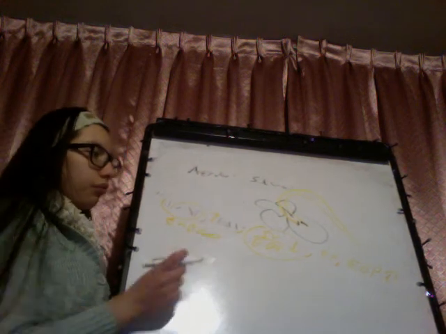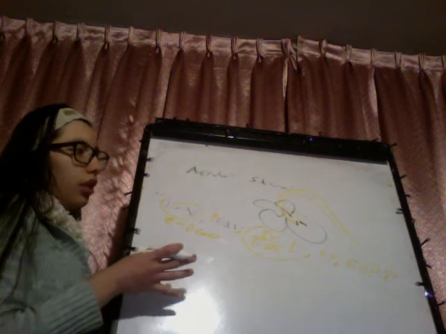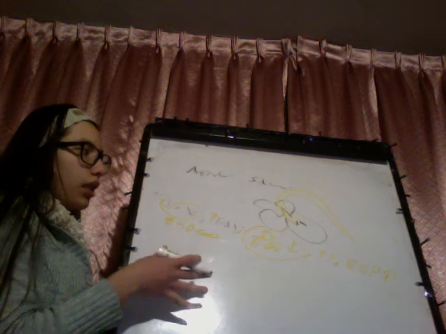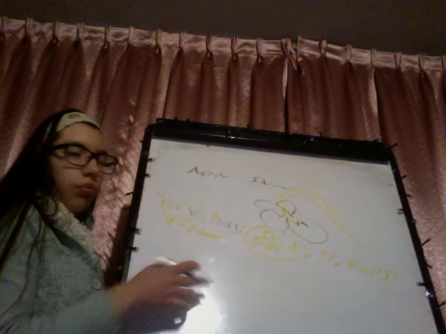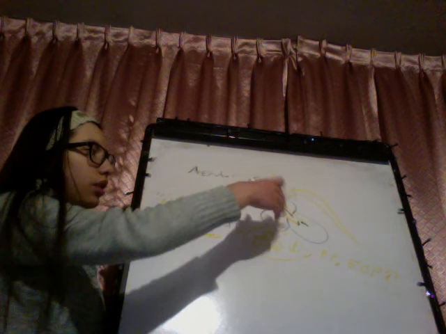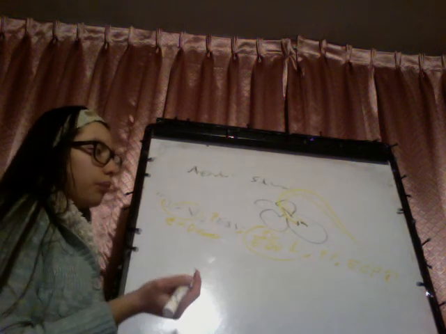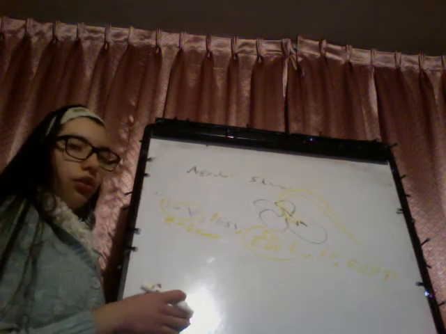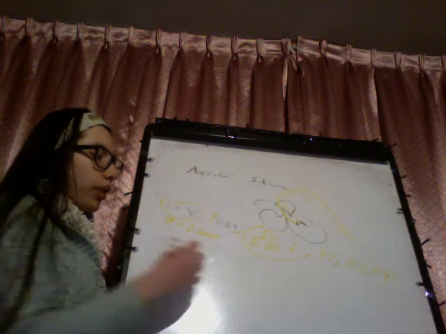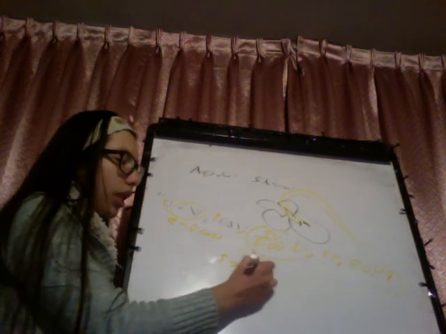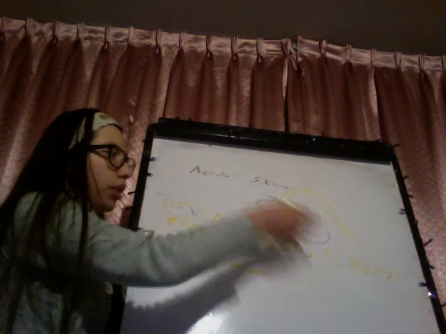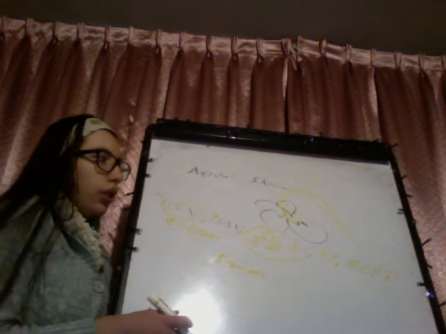Now the pressure in the ventricle is increased, but the pressure in the aorta is decreased because we have less blood going through the aorta. The patient usually presents with syncope in extreme cases because of decreased blood going through the aorta.